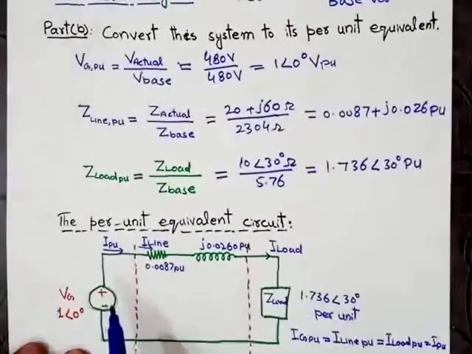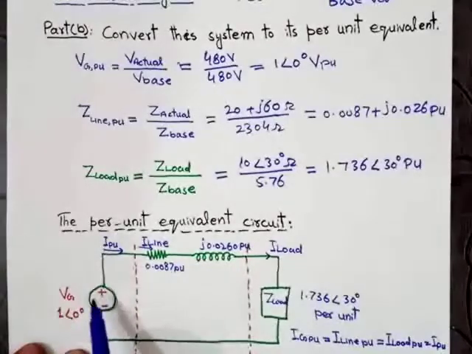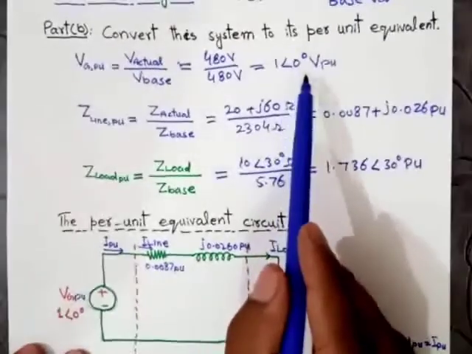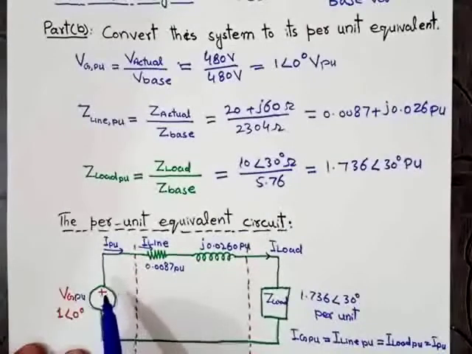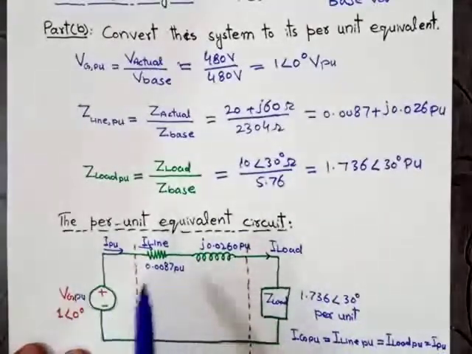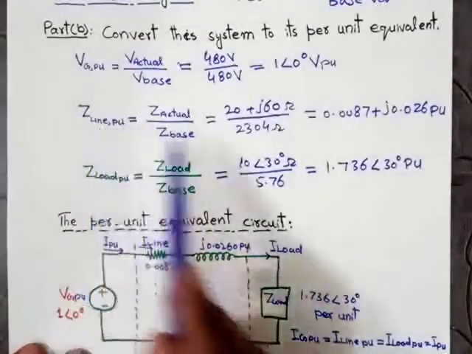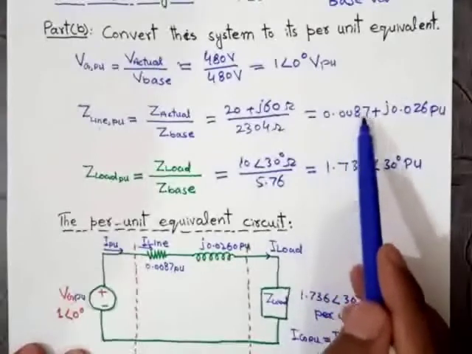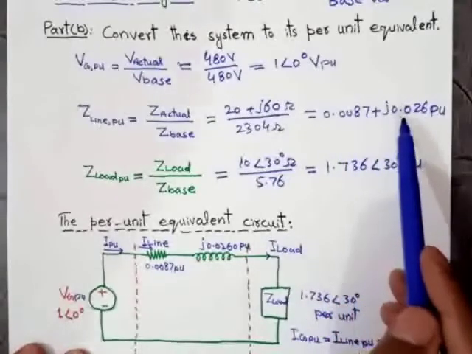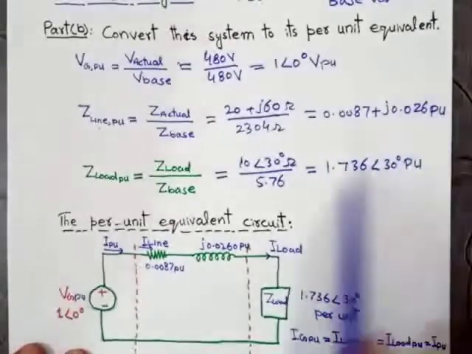First of all, we draw the per unit value of the voltage. The per unit value of the voltage is 1 angle of 0 degree. Then we will draw the per unit value of the line impedance. The per unit value of the line impedance is 0.0087 plus j0.026 per unit.